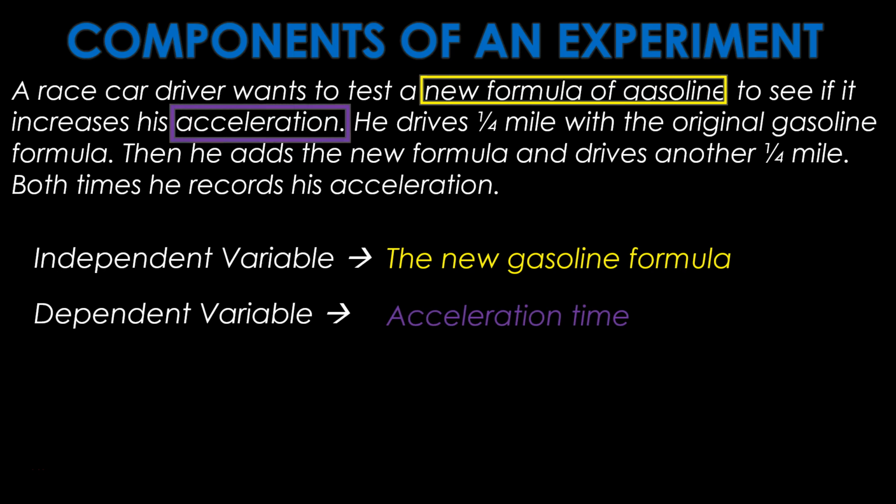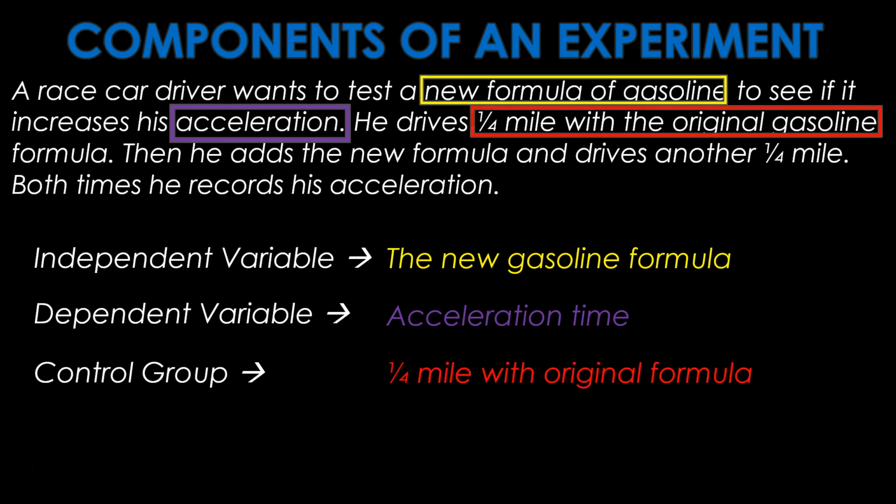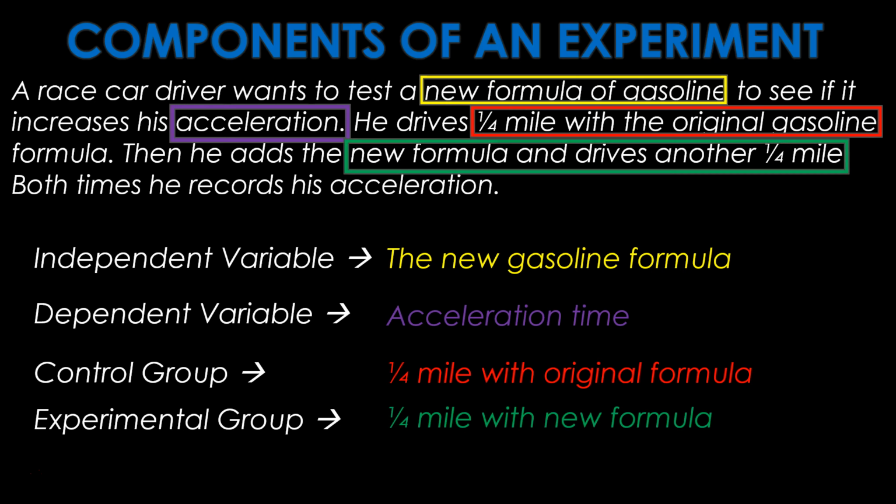Now, what about the two groups? First, let's look for the control group, which is the one that does not get the new formula. Well, that's the time the person does a quarter mile with the original formula. Now what about the experimental group? That's the quarter mile the person does with the new formula, okay?